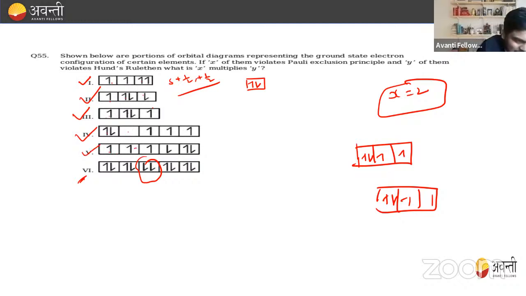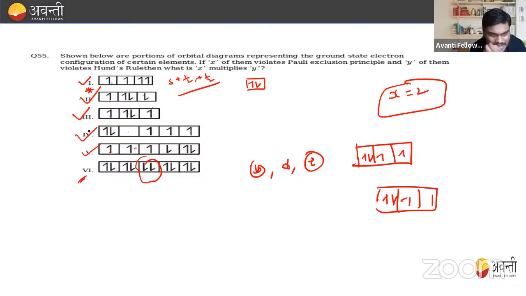So this violates, it means most of the configurations, that is the number of parallel spins, B, D and E, violate Hund's rule, right? Which ones are B, D and E, beta? This one. Let me mark here with a star.